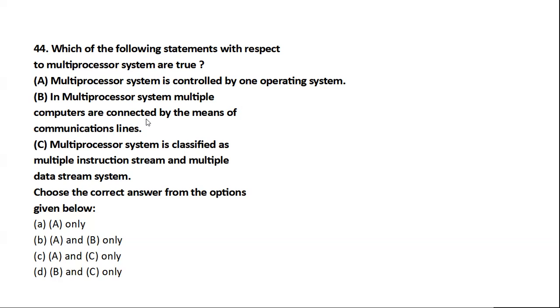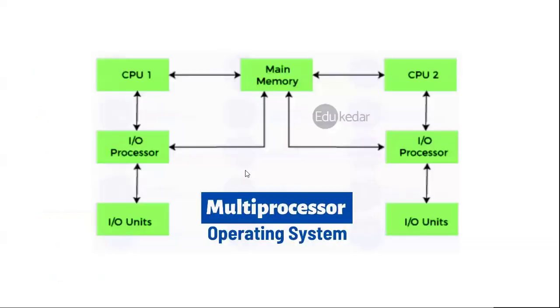First, I will give you a brief idea about multiprocessors. This is the pictorial representation of a multiprocessor system. In this, you can see a main memory as common, but multiple processors. The word multiprocessor means multiple processors can do the task. We can accommodate CPU 1, CPU 2, up to CPU n.